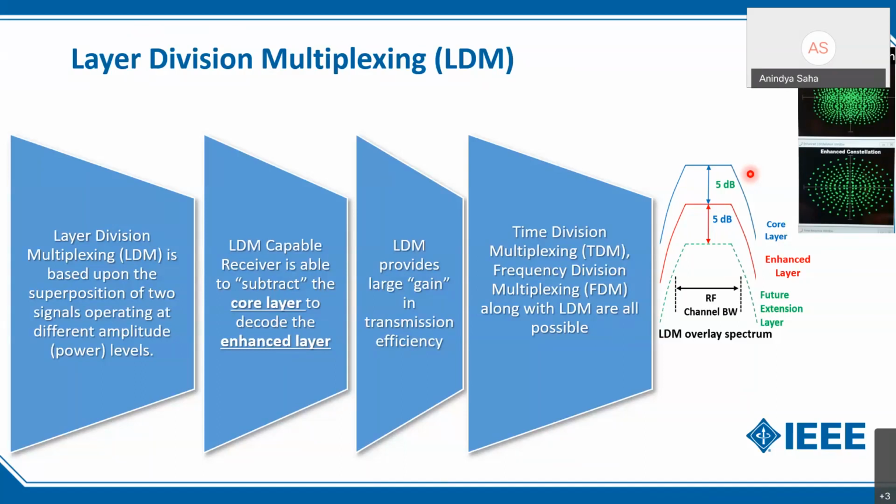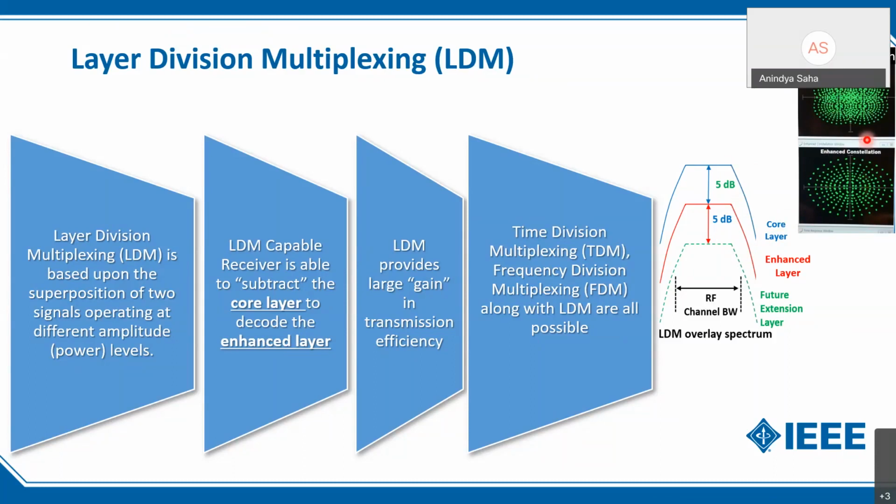The other important thing I wanted to show here is the kind of constellation view that you get. You can see that the enhanced layer constellation in this case is like 128 QAM or 256 QAM. But the LDM constellation looks like a combination; if you consider QPSK, it will look like this constellation is superimposed 4 times, along each of the 4 quadrants.